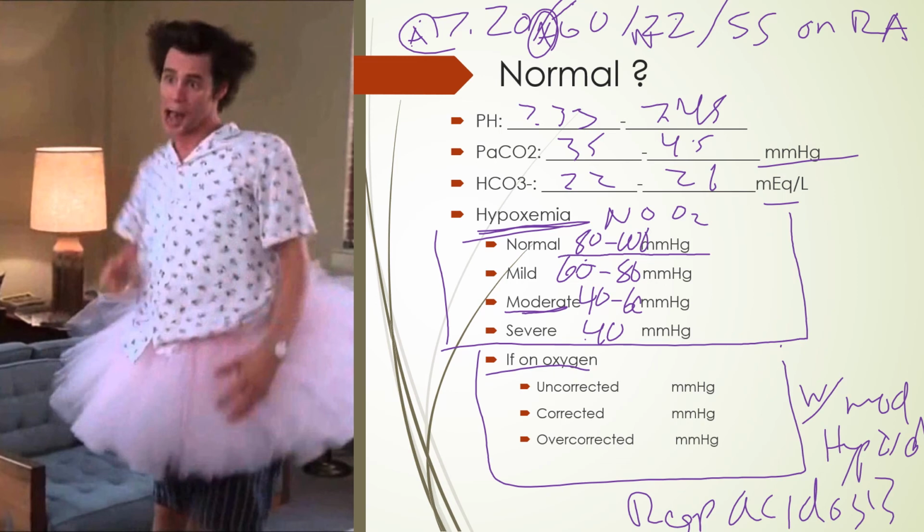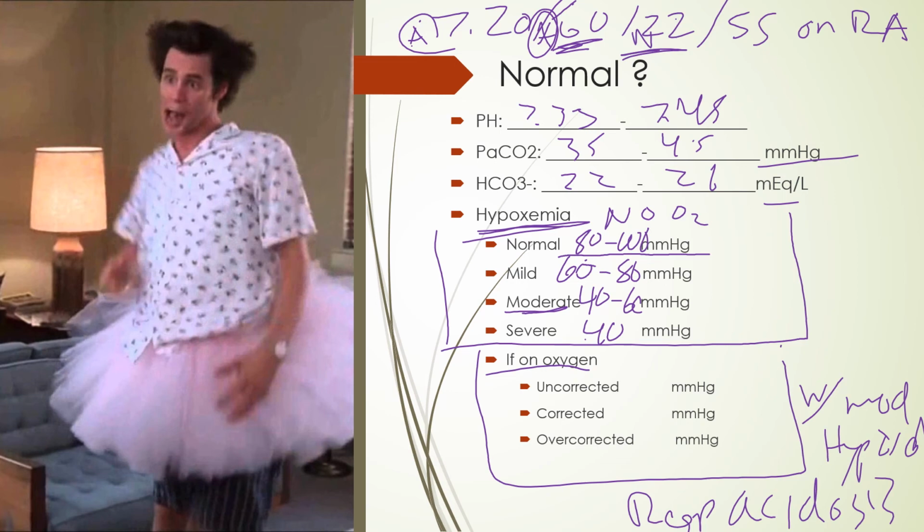Now remember, in an acute situation, one of these values between the CO2 and the bicarb is going to be normal, the other one won't. In a partially compensated situation, both of these values will be off and they'll be in opposite directions. One will be acidic and one will be basic. So in this situation, only one of the CO2 and bicarb's off.